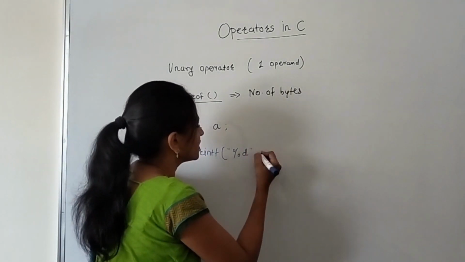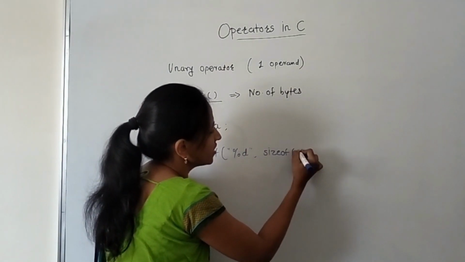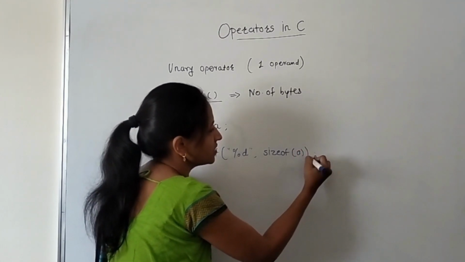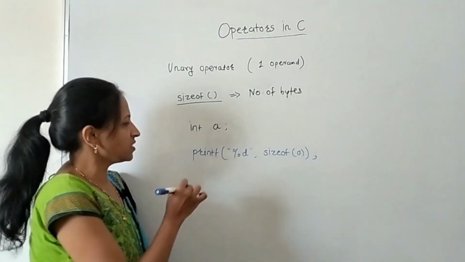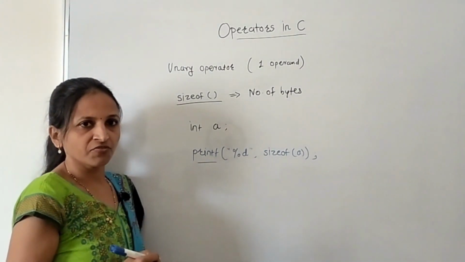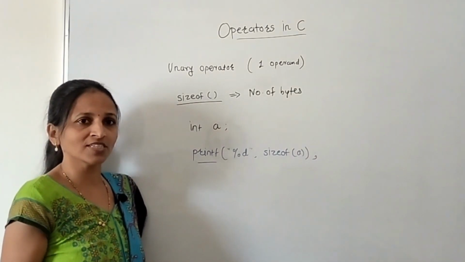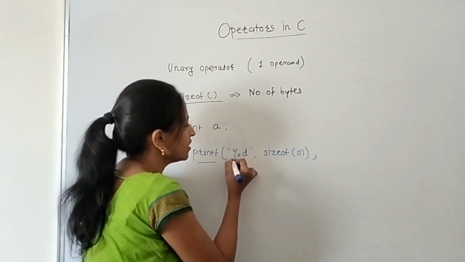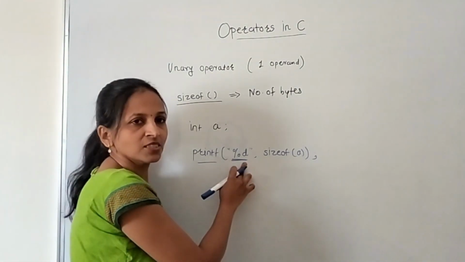Now see, %d, comma, sizeof, and here I am writing a. This is just an instruction of a C program. This printf is a function which can be used to display something onto the screen, and if you want to display an integer value, we can use this %d symbol. This is nothing but a format specifier.